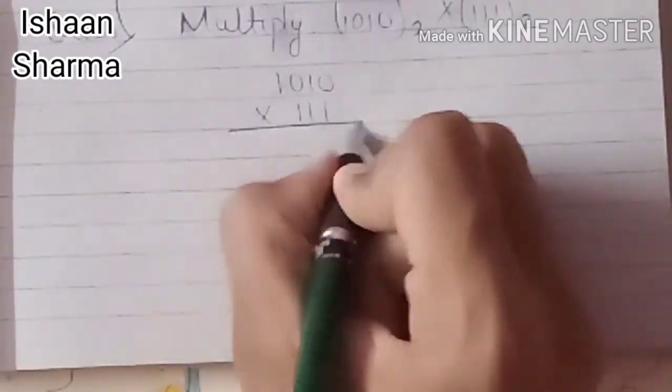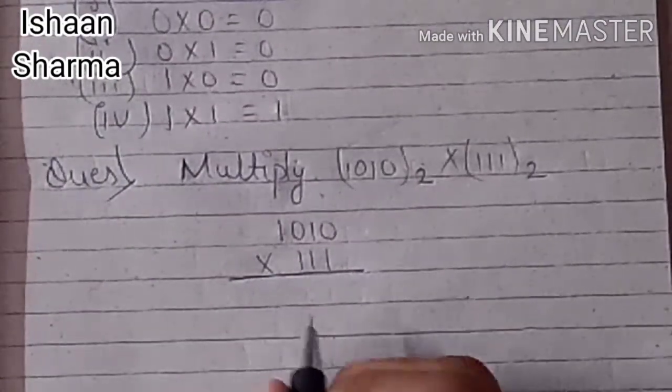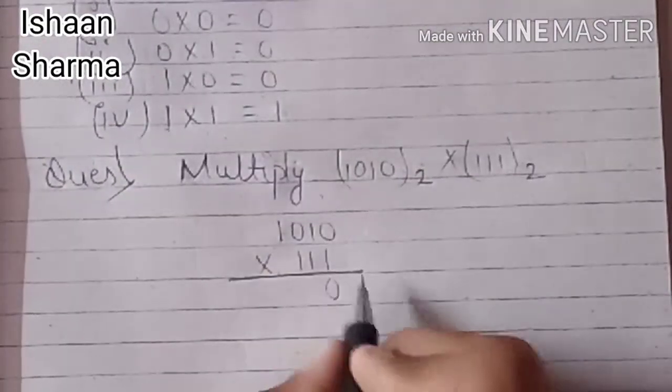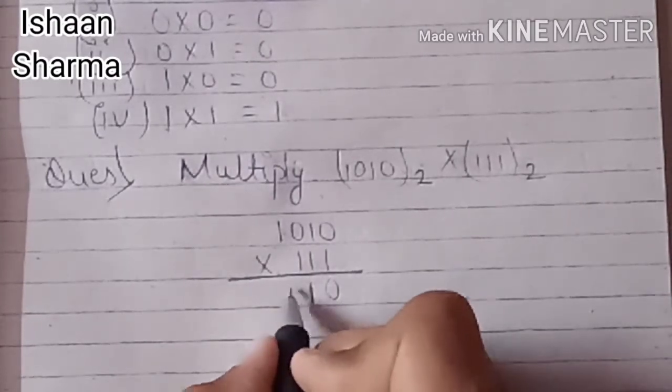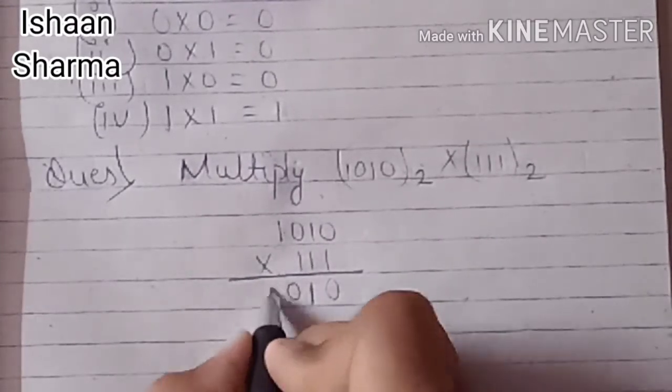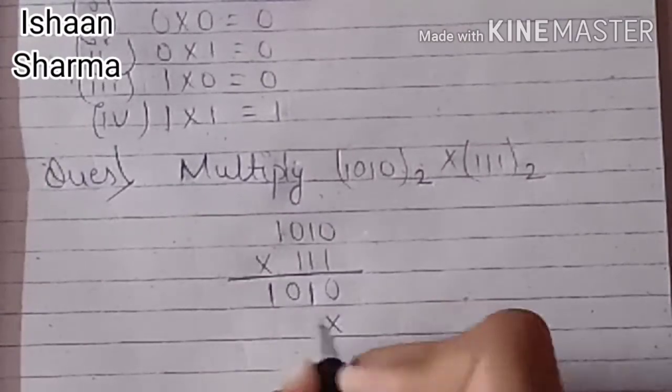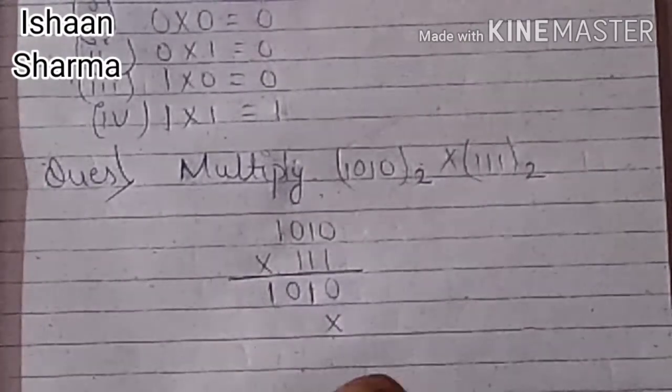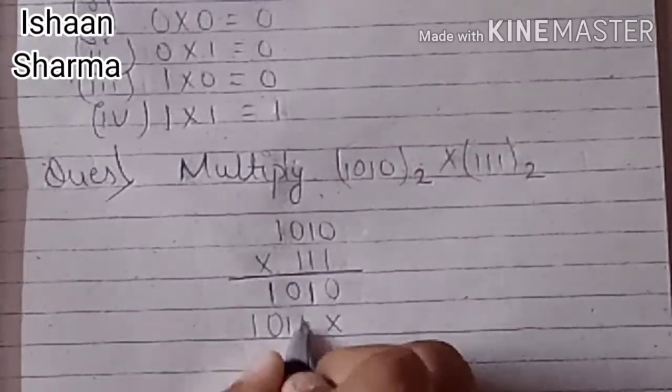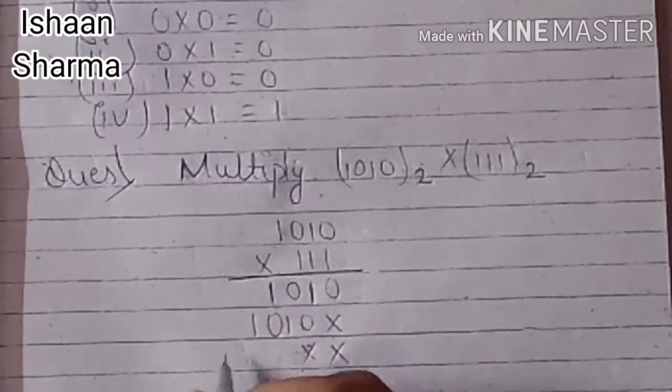It is like our simple multiplication only. Okay, so what is the rule saying? 1 times 0 is 0, 1 times 1 is 1, 1 times 0 is 0, and 1 times 1 is 1. So all three digits are the same, so all products are also the same, so we can write it as 1 0 1 0.